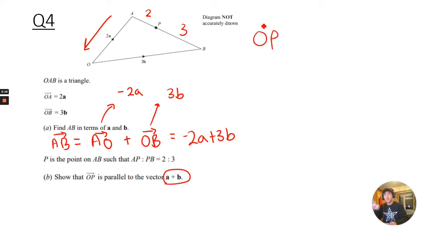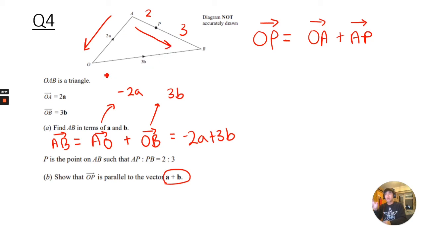So O to P, we are going to go from O to A first, and then A to P, or go from O to B first, and then B to P. I'm going to go from O to A, and then A to P. I'm doing this because it'll be easier for me, because I know that we have the vector A to B already.